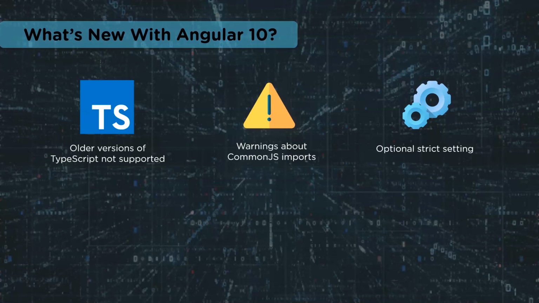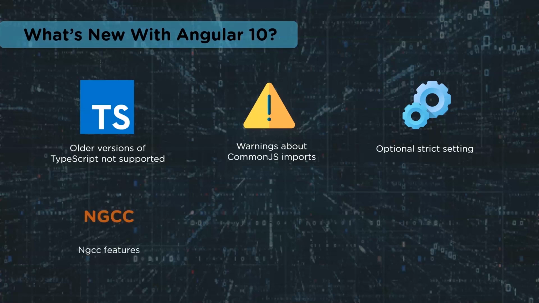This flag initializes your new project with a few new settings that improve maintainability, help you catch bugs ahead of time, and allow the CLI to perform advanced optimizations on your application. Specifically, the strict flag does the following. It enables strict mode in TypeScript. It turns template type checking to strict. It configures your app to be side effect free.